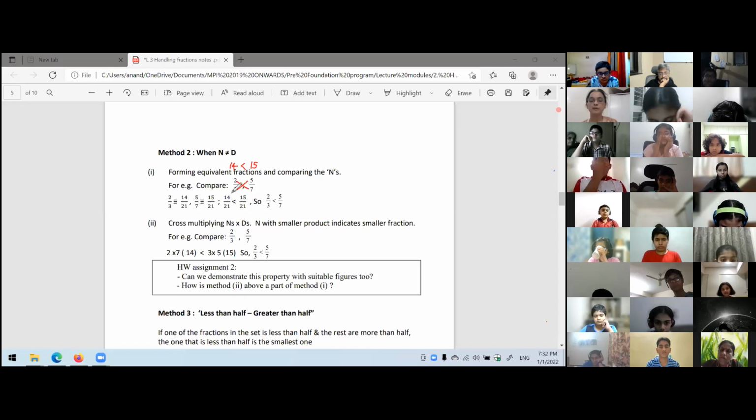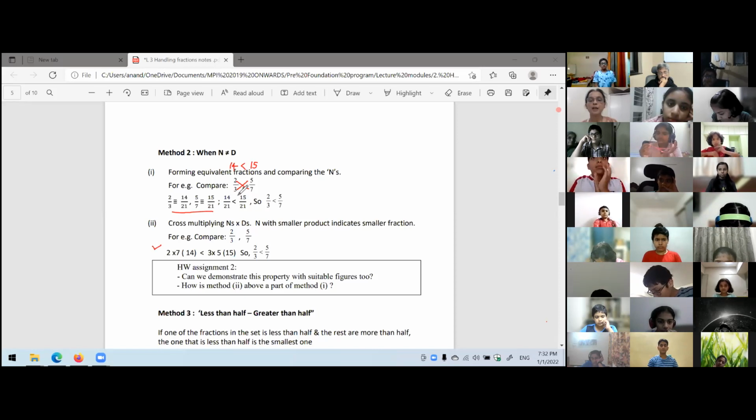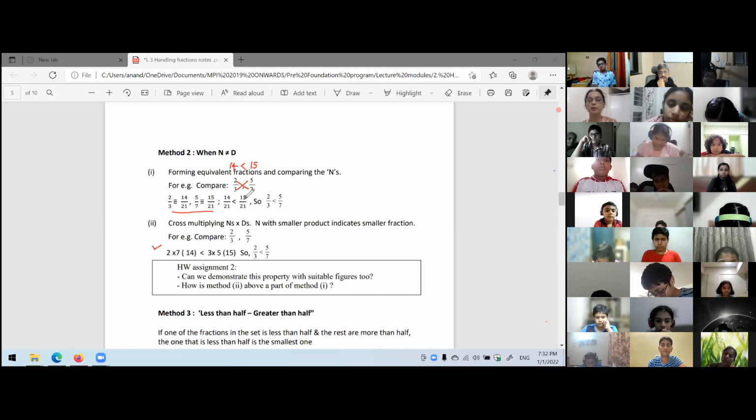This is this method. And when I cross multiply, I can also equalize the denominator. Some of you might have been taught this in school, to equalize the denominator. 3 7s are 21, then make 2 upon 3 as 14 upon 21, make 5 upon 7 as 15 upon 21. Then when denominators are same, smaller the numerator, smaller the fraction.